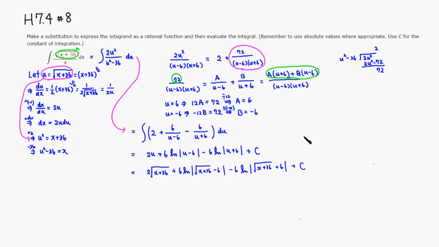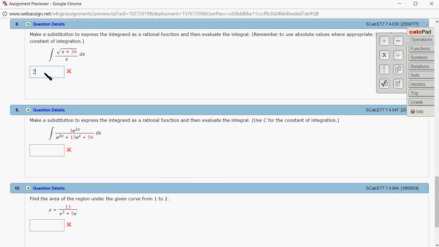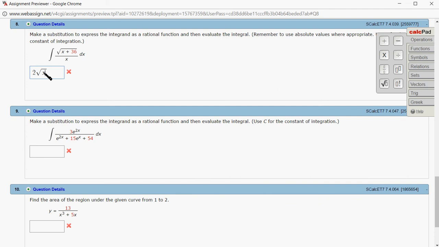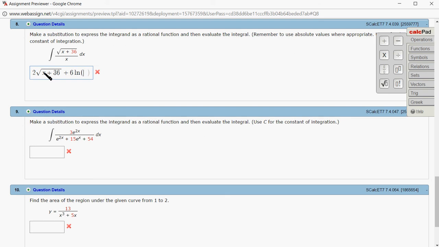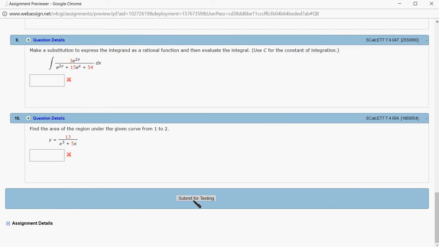So let's type it in. We got 2 times the square root of x plus 36, then plus 6 times the natural log of the absolute value of the square root of x plus 36 minus 6, minus 6 times the natural log of the absolute value of the square root of x plus 36 plus 6, and plus some constant C. Hopefully I typed these correctly, and submit for testing.